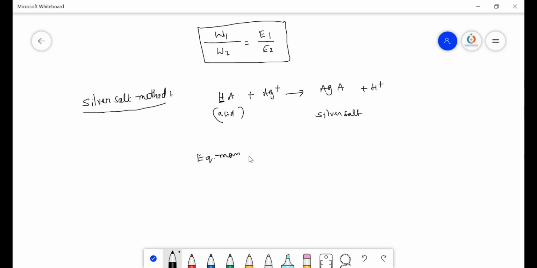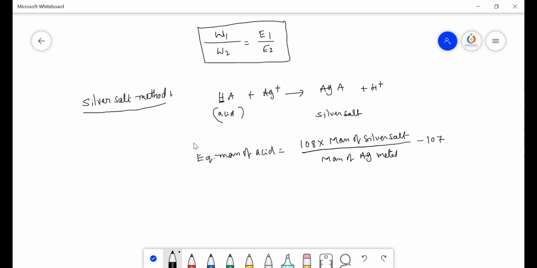So the equivalent mass of the acid can be calculated. Equivalent mass of acid is equal to 108 into mass of silver salt divided by mass of silver metal, minus 107.